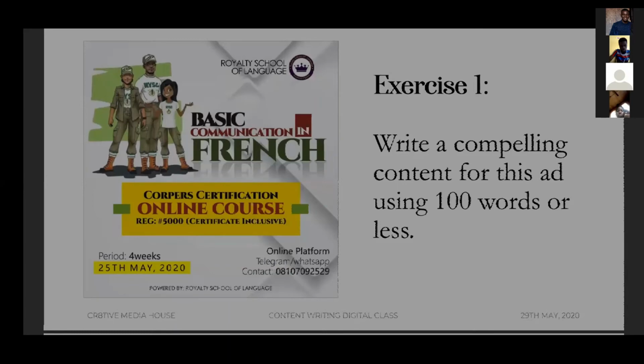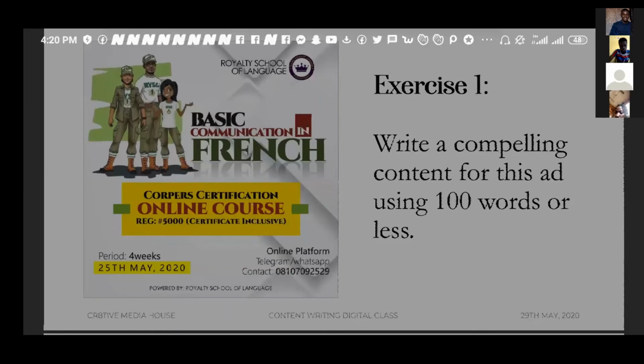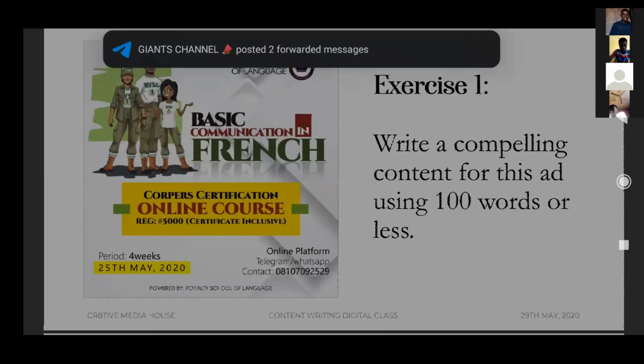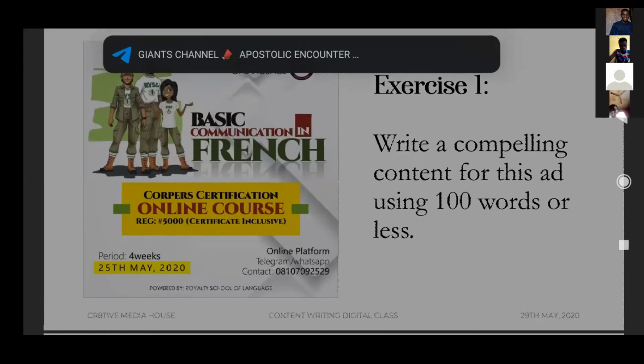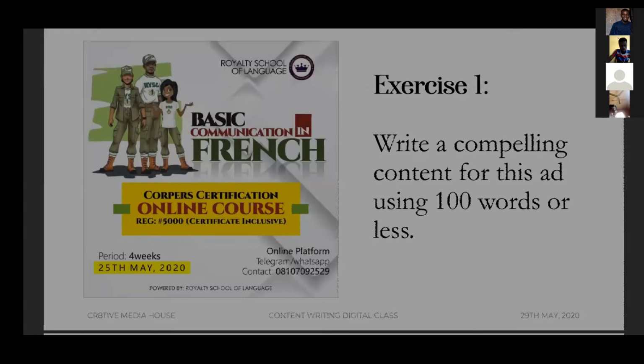A log line is usually comprised of 29 words max, less than 30 words, which summarizes the entire movie or the entire story you're talking about. As a content writer, having the idea of writing in log lines would also help you streamline all of your ideas and put them in less than 30 words.